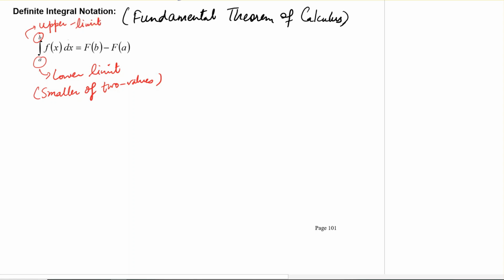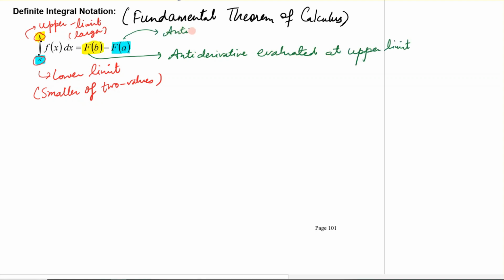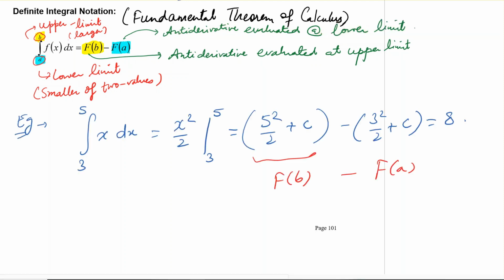F(b) is the antiderivative evaluated at the upper limit, and F(a) is the antiderivative evaluated at the lower limit.